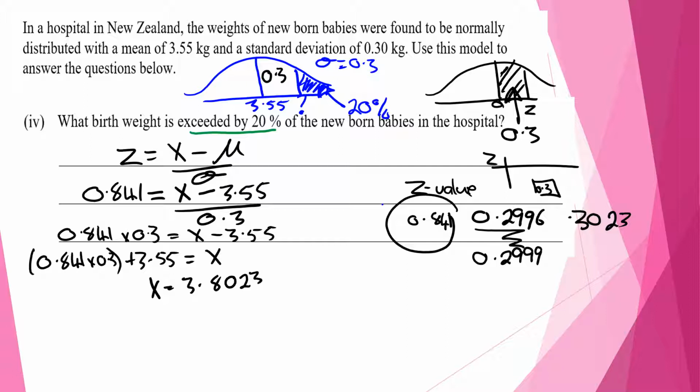I do have that rounded to, in this case, well, you can leave it just as it is, or you can round it to 3.80, which is what the answer schedule has rounded it to, 2 decimal places, but I'm perfectly happy with 4 decimal places. It's absolutely fine. Okay, so where the marks sit with this one, it's a merit question in total.